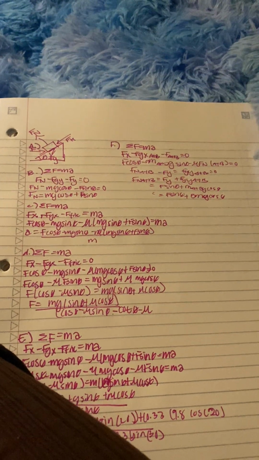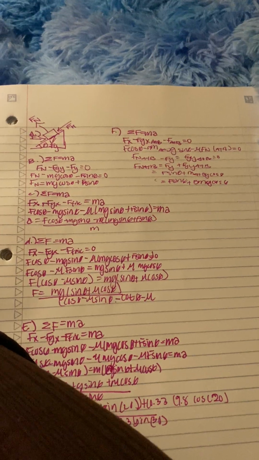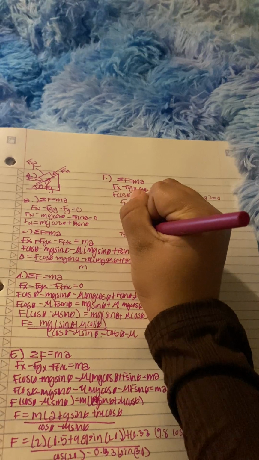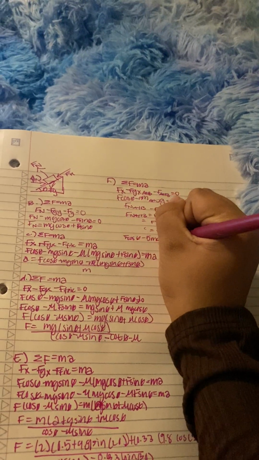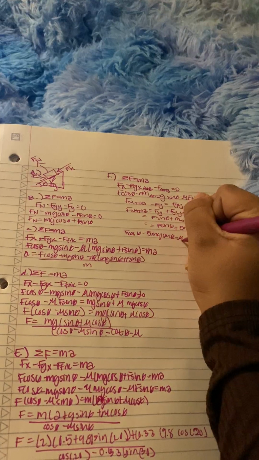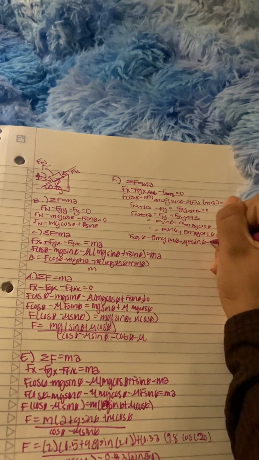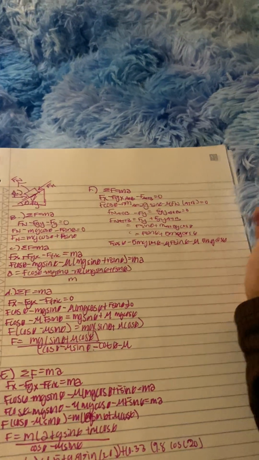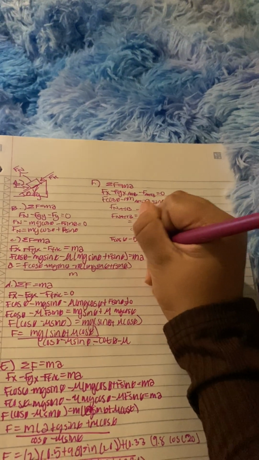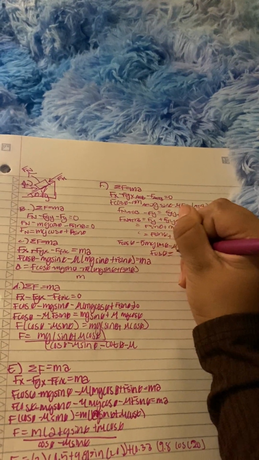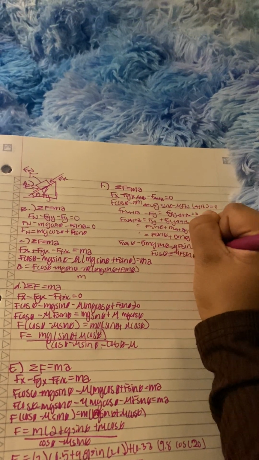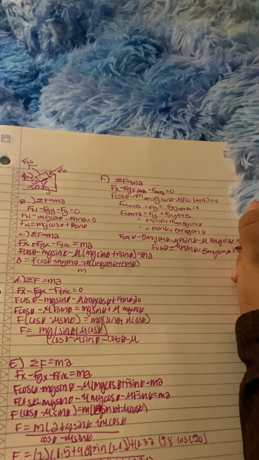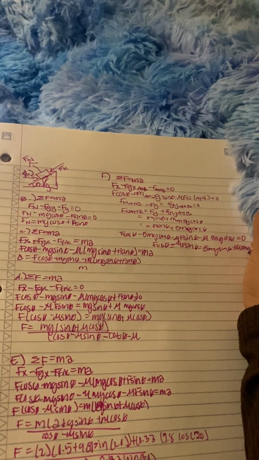That would be our simplified value of Fn of a plus b, and then from there we can do F cosine theta minus 5mg sine theta, put it back in, minus mu F sine theta minus mu 5mg cosine theta, which would equal 0. And then F cosine theta minus mu F sine theta equals 5mg sine theta plus mu 5mg cosine theta.